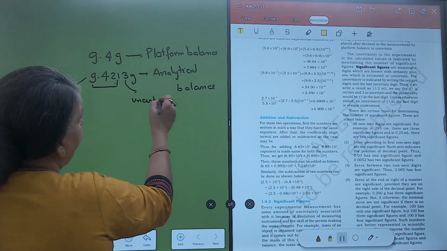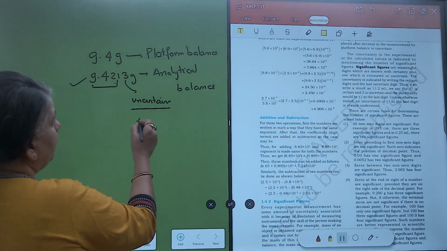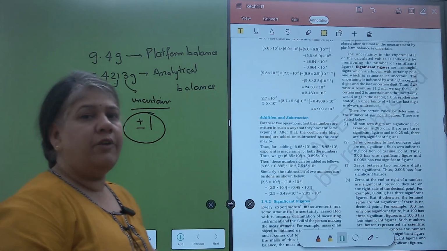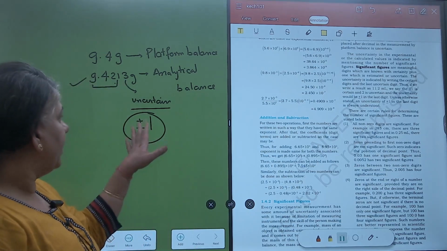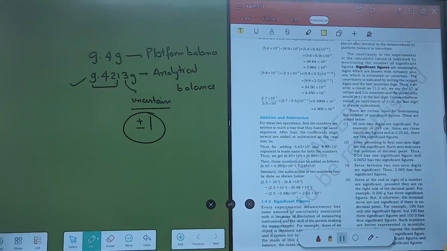So significant figures are meaningful, and the uncertainty is plus or minus 1. This is understood if it is not mentioned; we assume the uncertainty is plus or minus 1.